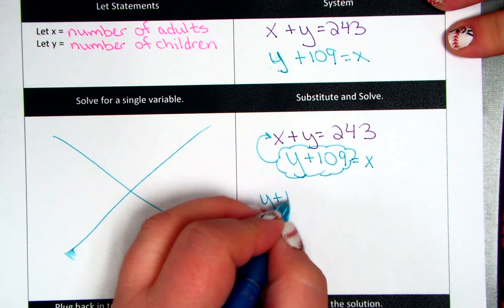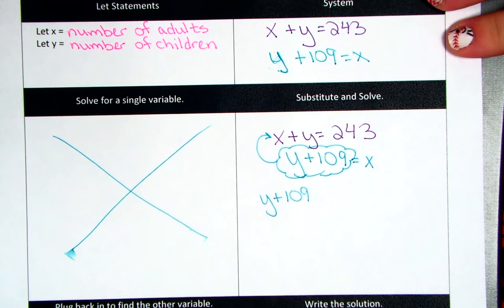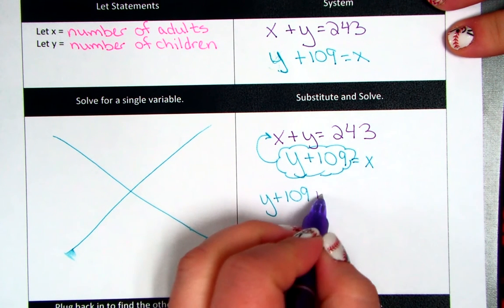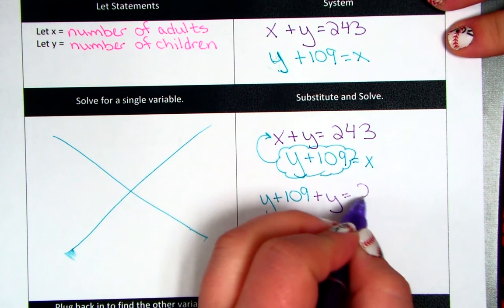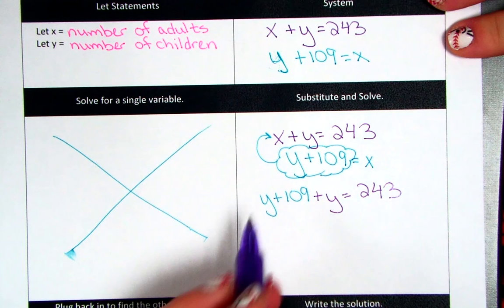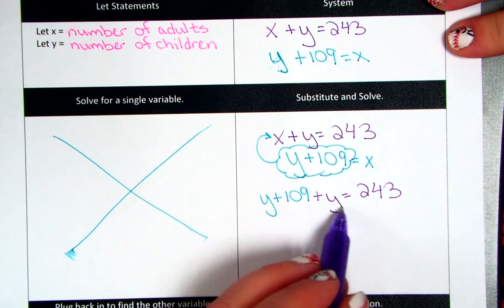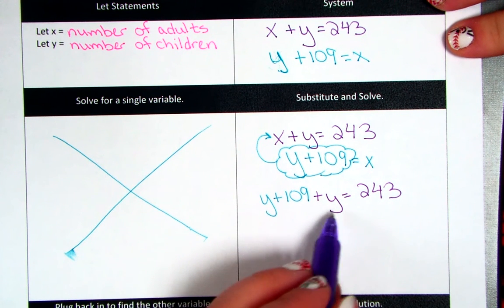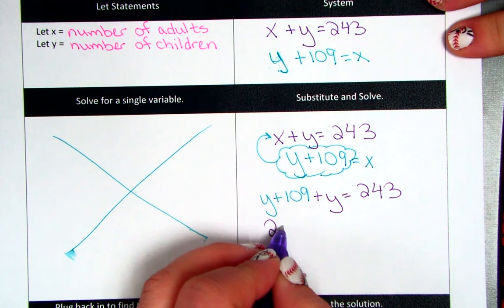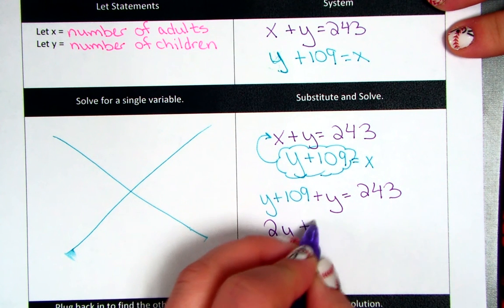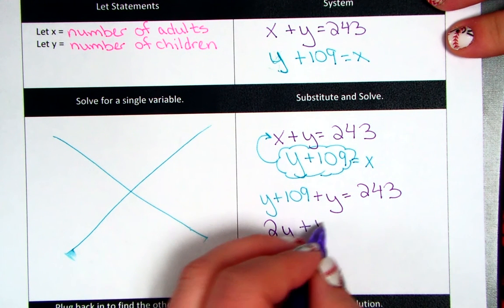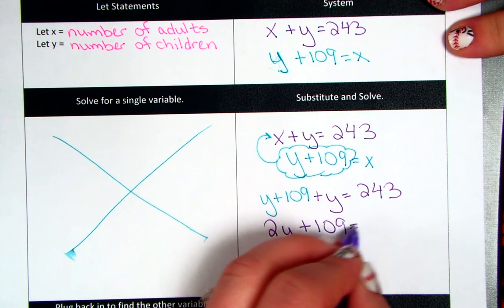So I get y plus 109 plus y equals 243. 109 plus 2y, because y plus y equals 2y, equals 243.